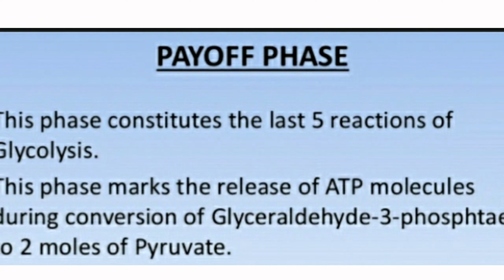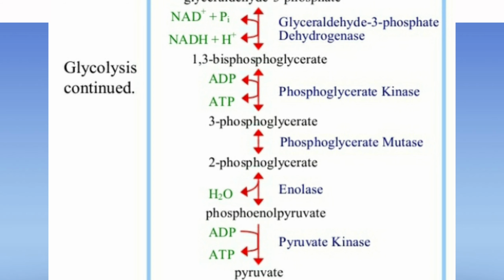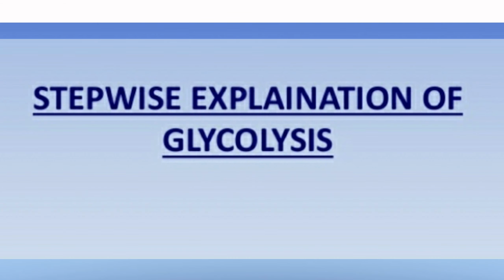Next, in payoff phase, it consists of last 5 reactions of glycolysis, children, where glyceraldehyde 3 phosphate is converted into 2 molecules of pyruvate. Now we shall discuss the steps of glycolysis in detail, children.